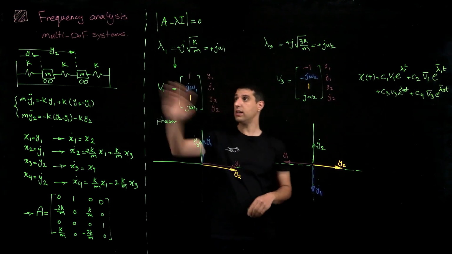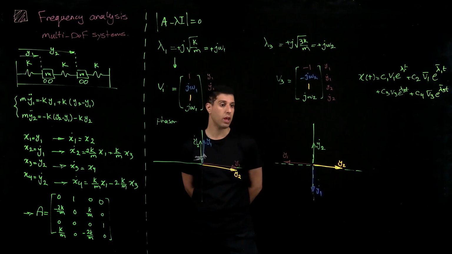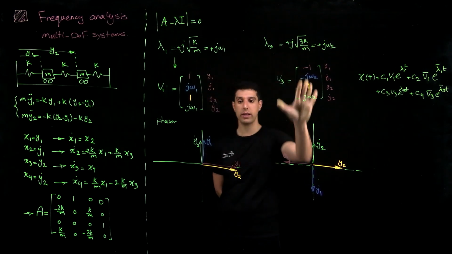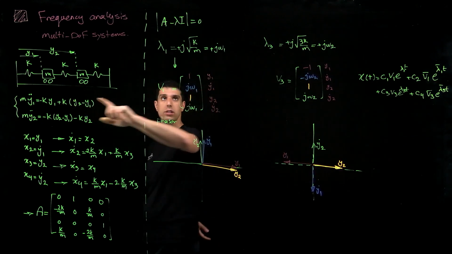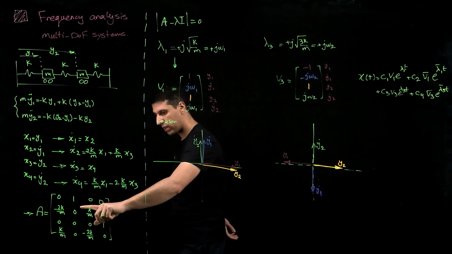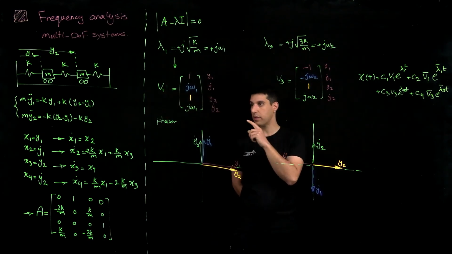So you can extend this to more degrees of freedom. The procedure is the same, and you can continue visualizing it the same way. A few notes if I have damping. I'll have some terms here associated with the dampings.